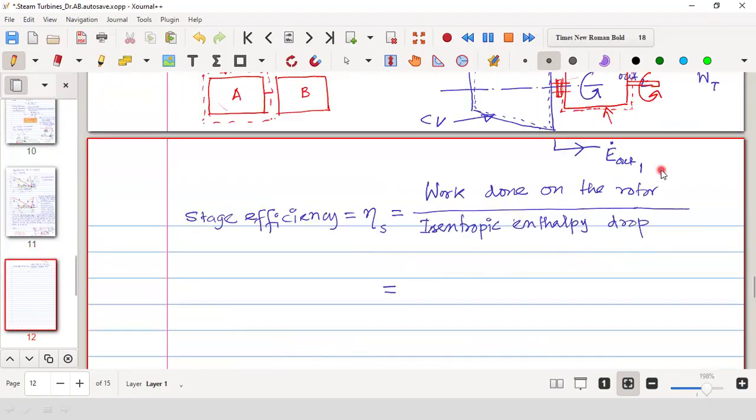So therefore, actually this requires time to discuss all this. So let us go into our calculation. Stage efficiency is the work done on the rotor divided by the isentropic enthalpy drop across the stage.